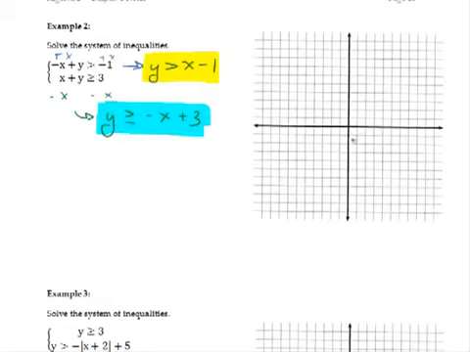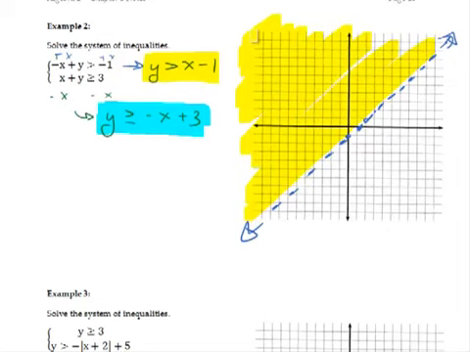All right, so for the yellow, or the first equation, we start at negative 1, slope of 1. Notice that this one, this time, is a dotted line. And it says that it's greater than, so we will shade up above.